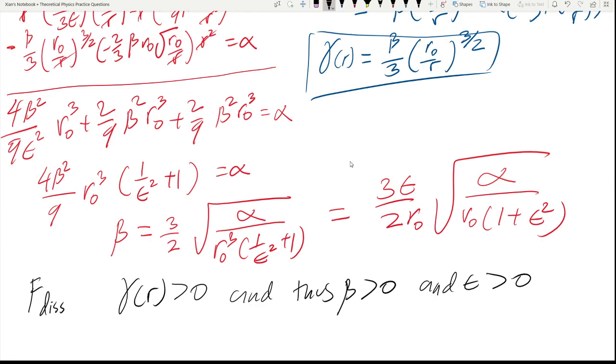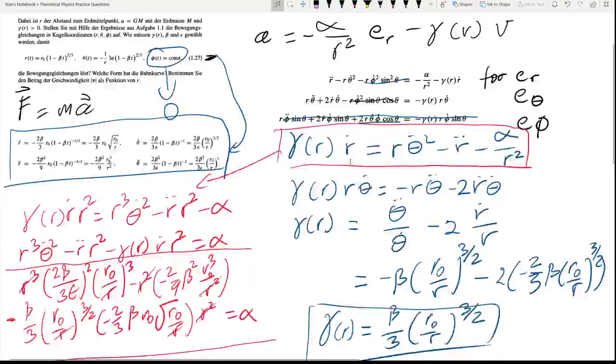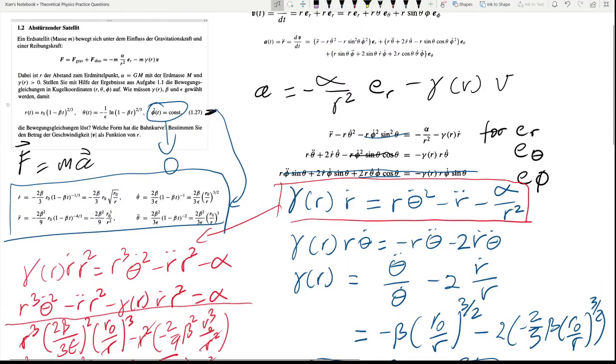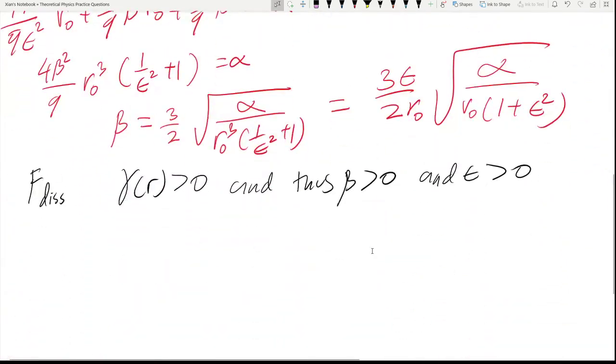Remember what is this F dissipation? Is this part? So it only makes sense if it is positive, and therefore gamma is positive, and because gamma is positive, beta and eta are automatically positive.